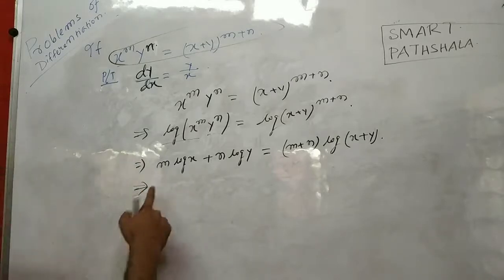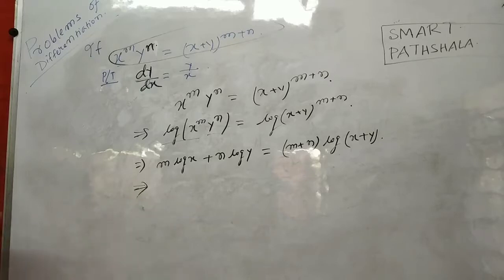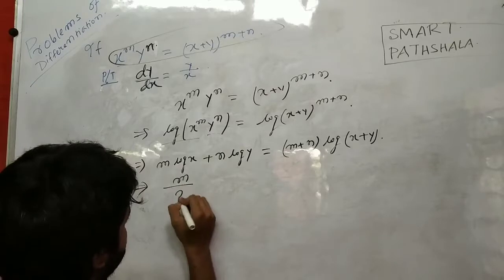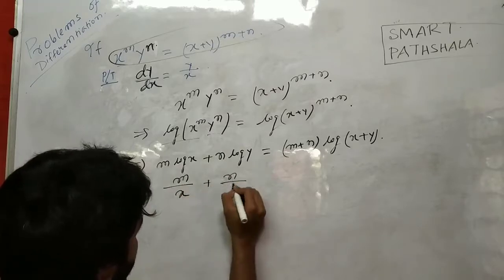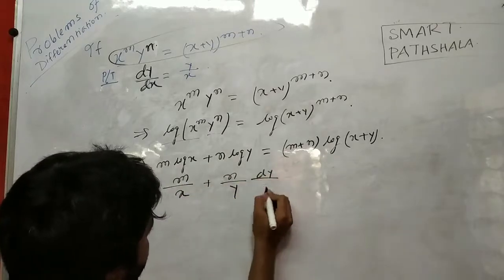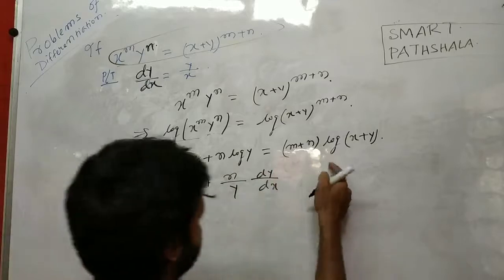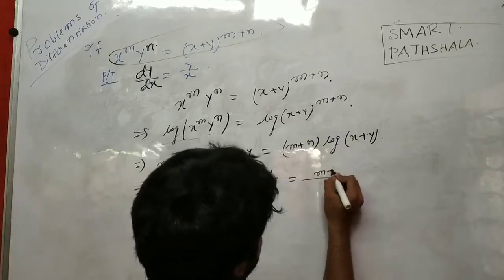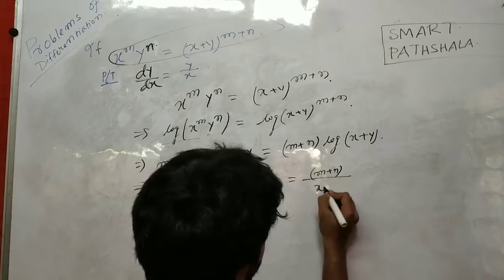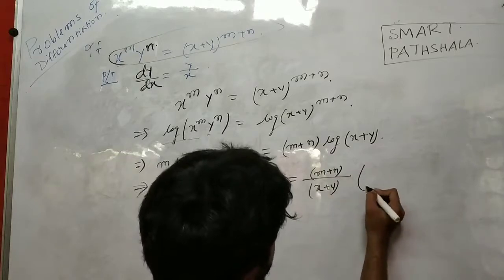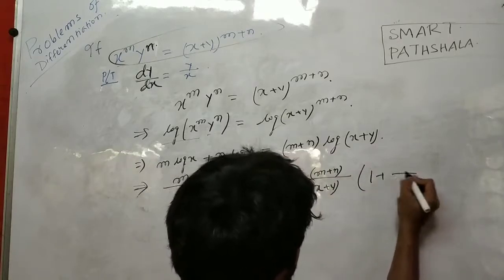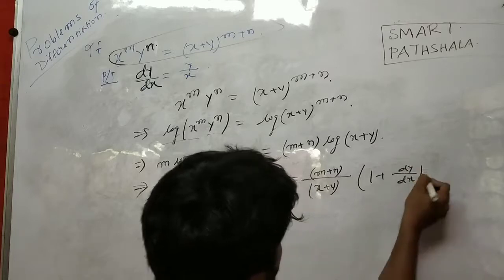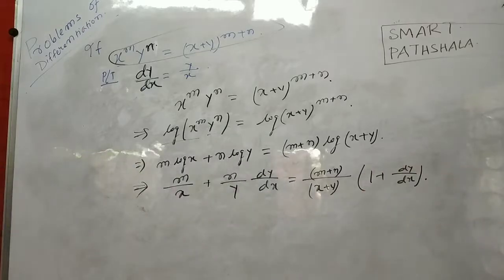And again, if you differentiate this equation, what you will have is m by x plus n by y dy/dx, and on the right side you will have (m plus n) by (x plus y), and by the chain rule you will have (1 plus dy/dx).